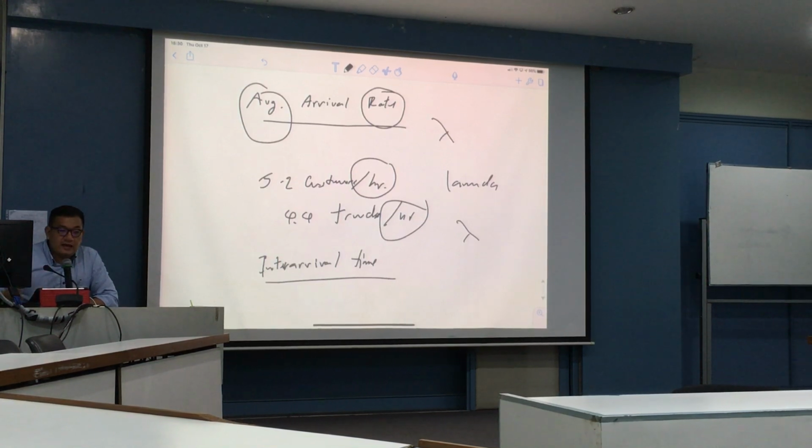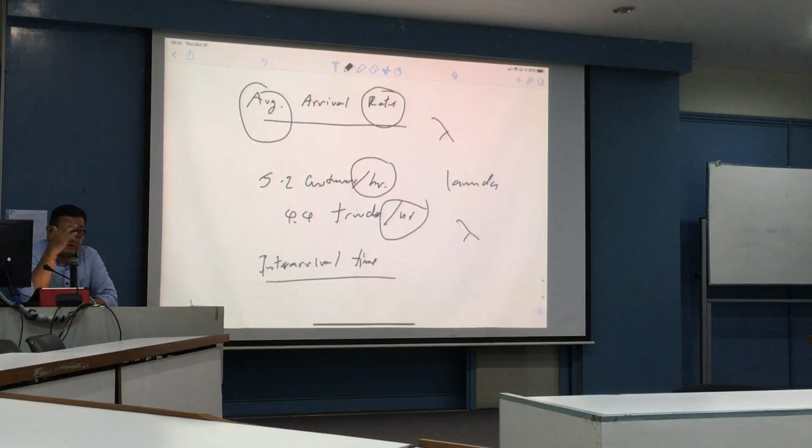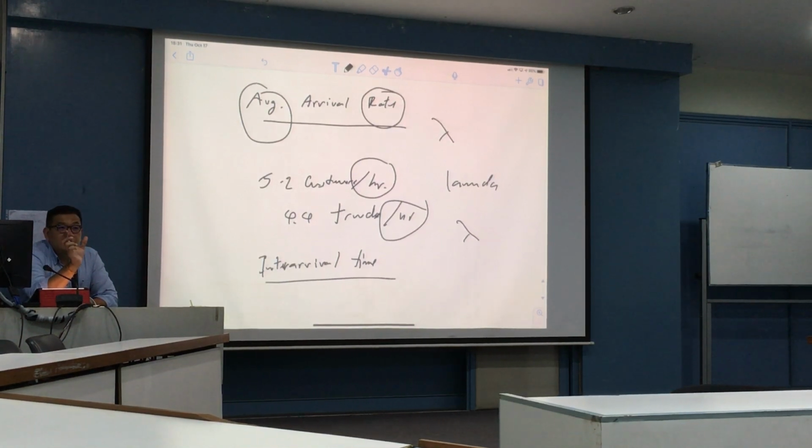If I say that every 15 minutes a customer comes to the system, then it is equal to 4 customers per hour. 15 minutes you have 1 customer arrive, so in 60 minutes you have 4 customers. So the average arrival rate, lambda, tells you a rate against time, but inter-arrival time tells you the time between customers arriving to the system.